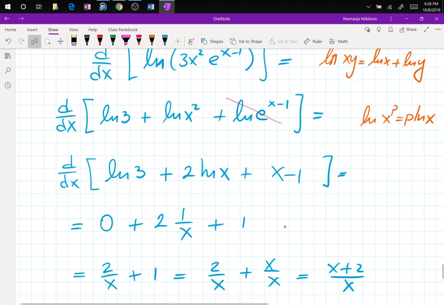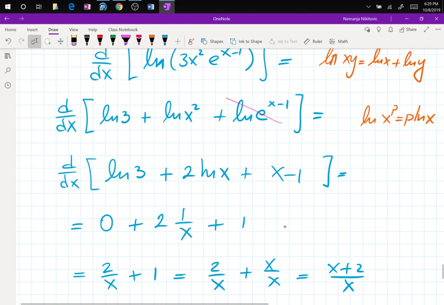They turn into 3 terms. ln cancels e over here, so you just get x minus 1 when you hit with the derivative. ln 3 is a constant, a number, so the derivative of that is 0. Derivative of ln x is 1 over x, you have a constant times 2, so that's 2 over x. And then derivative of x is 1, derivative of negative 1 is 0, so we don't need it. And now you do the common denominator, and you get the same answer as before.